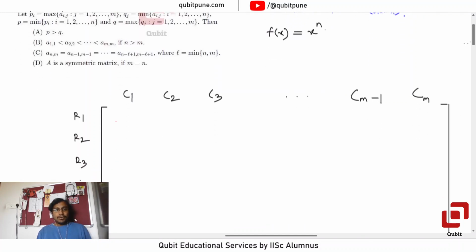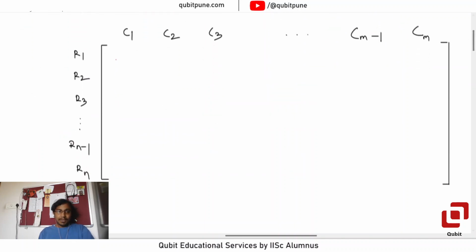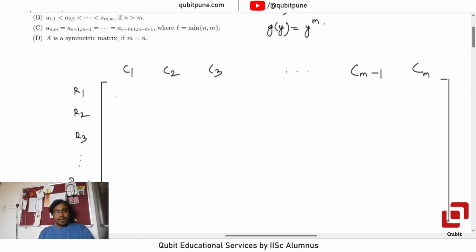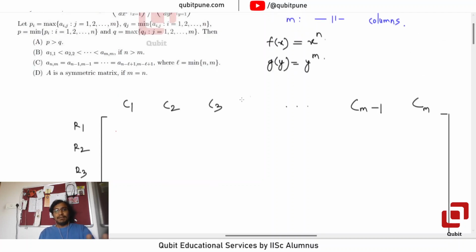So in the first row and in the first column, I will be differentiating the function x raised to n for the rows, and for columns, let us say I call it g of y, and let me call it y raised to m, right? That's what they have said, x raised to n and y raised to m, and now I need to differentiate them. Observe that in the whole of the first row we are differentiating f only once.